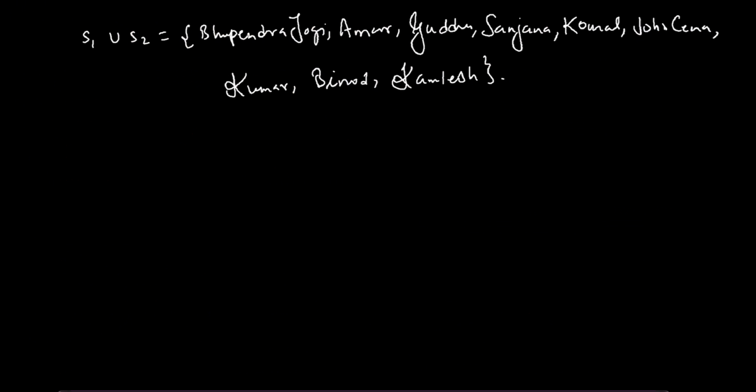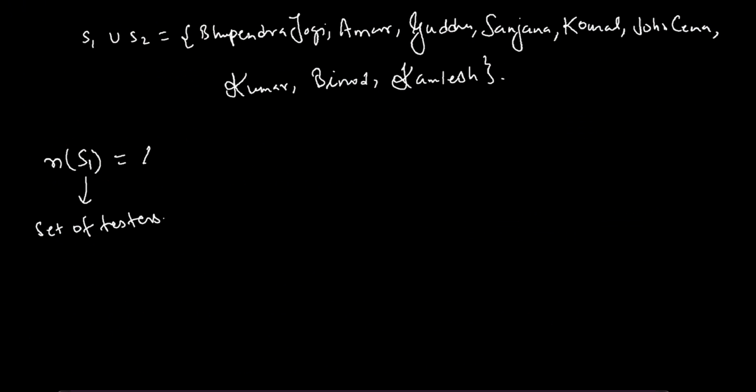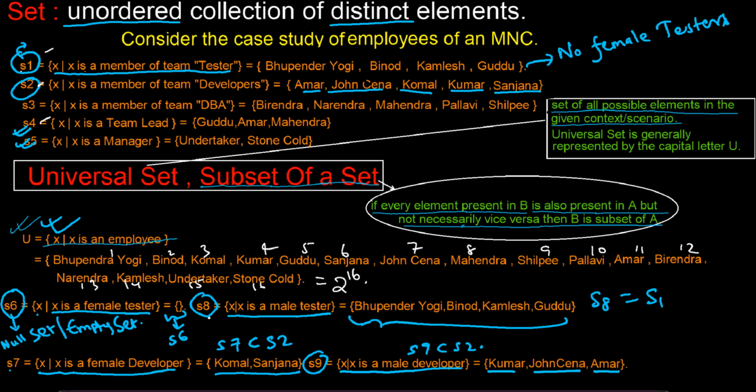What is the number of elements in S1? S1 is the set of testers. How many testers are there? There are 4 testers: 1, 2, 3, 4. Upendra, Yogi, Vinod Kamlesh and Guddu. So the number of elements in S1 is 4 and the number of elements in S2 is 5: Amar, John Cena, Komal, Kumar, Sanjana.